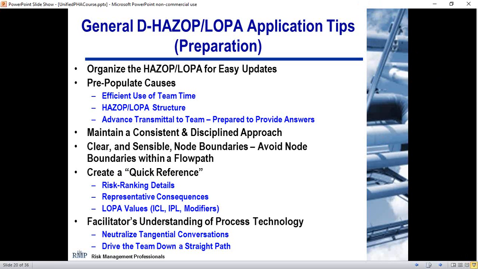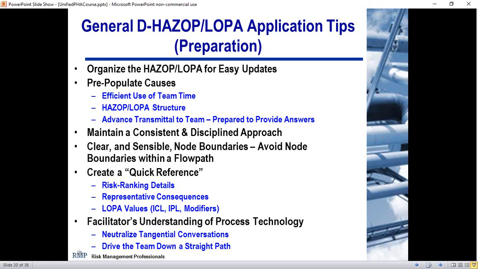Also, by understanding the process pretty thoroughly, I like to prep pretty well before I facilitate a HAZOP study, they can neutralize tangential conversations. Every team member brings some of their own agenda to the HAZOP and LOPA sessions. It's easy for people to get distracted. They've got pet issues.